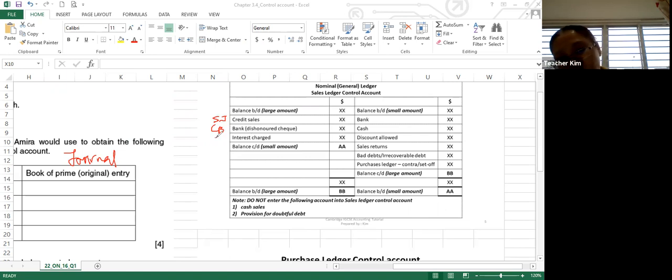Interest charged, from the general journal. These three for bank are basically from the cash book. Sales returns, from the sales returns journal. Bad debt is normally from the general journal. This contra is also from the general journal. That is called the book of prime entry, or the first source of recording, where we get it from.